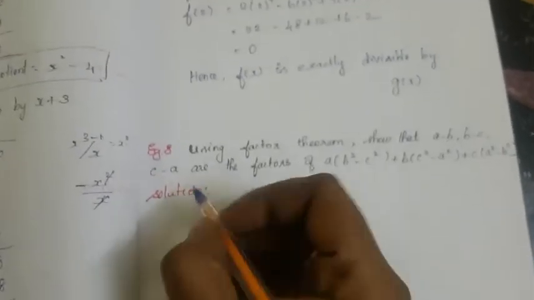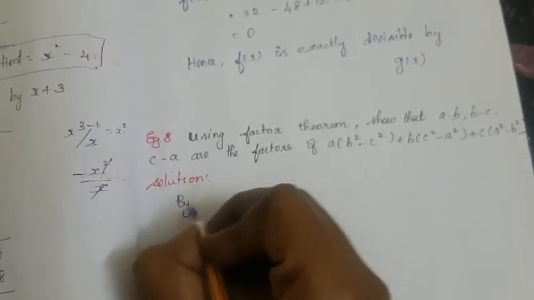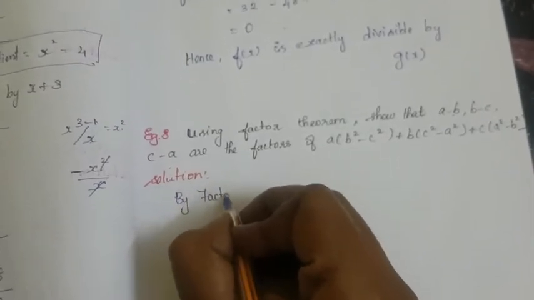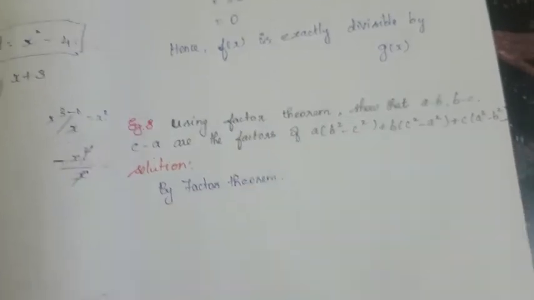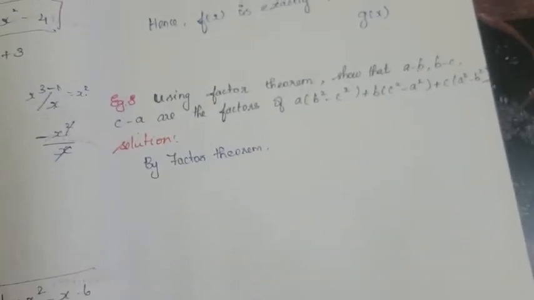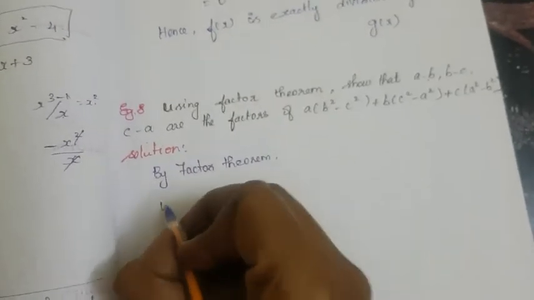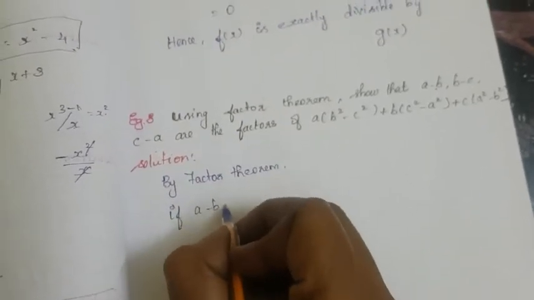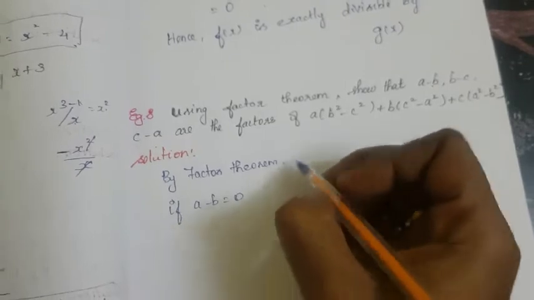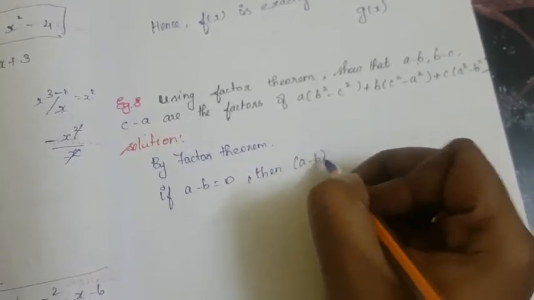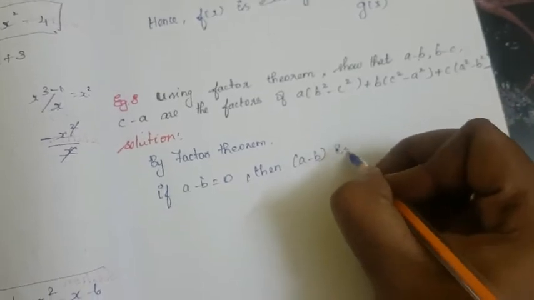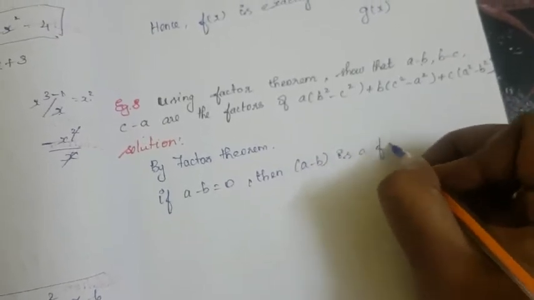So we know the factor theorem, right? By factor theorem, whatever we know, we have to write about that theorem. So by factor theorem, if a minus b is equal to 0, then a minus b is a factor of f of x.